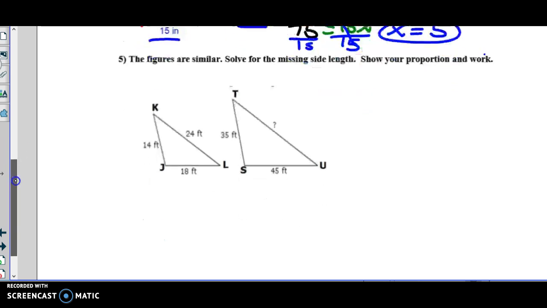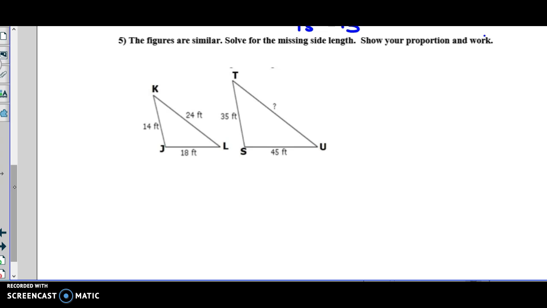Last problem. The figures are similar, solve for the missing side length. Show your proportion. So we have a lot of different numbers that we can choose from this time. Let's start though with the unknown side. Let's start with TU. So side TU is unknown, and the side that corresponds with side TU is side KL, which is 24.